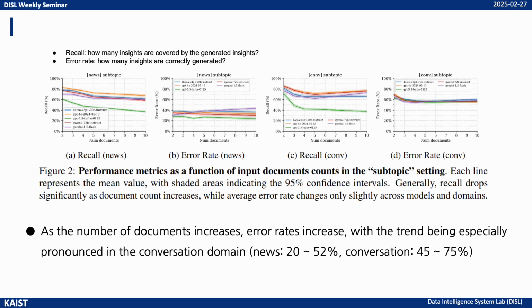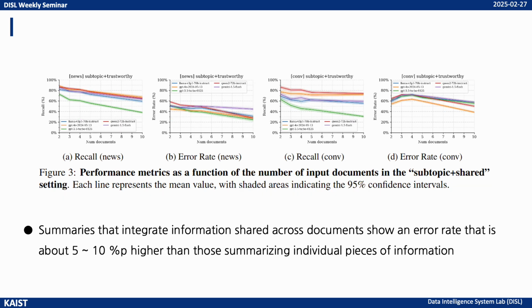In the news domain, the error rate is from 20% to 52%, while in the conversation domain, the error rate is from 45% to 75%, which is much higher than the news domain. They also show that summaries that integrate information shared across documents show an error rate that is about 5 to 10 percentage points higher than those summarizing individual pieces of information.